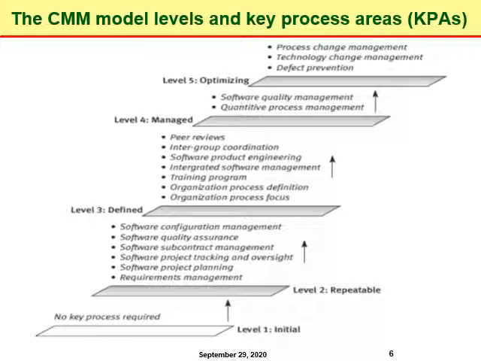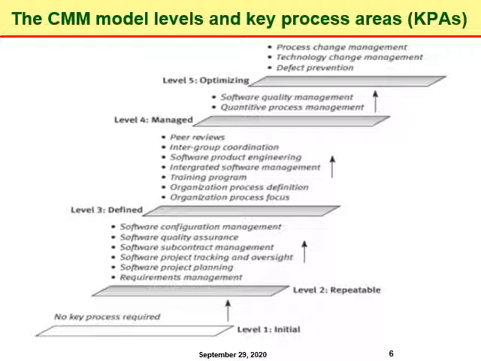Here is the staged representation of the capability maturity model. We see that the initial level, that is level 1, resides at the bottom, whereas the highest level of this model, which is level 5, is at top. So in order to achieve a particular level, an organization needs to fulfill the requirements of that particular level.